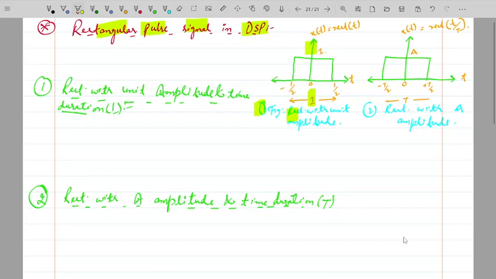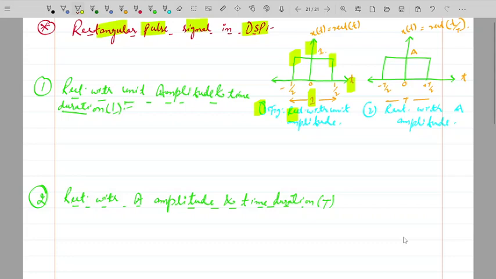So the width 1 is divided on both sides of the y-axis: minus 1 by 2 for when the value of t is less than 0, and 1 by 2 for when the value of t is greater than 0. For both conditions, this width of 1 is divided on the y-axis. Minus 1 by 2 is considered for the negative values, and 1 by 2 for the positive.